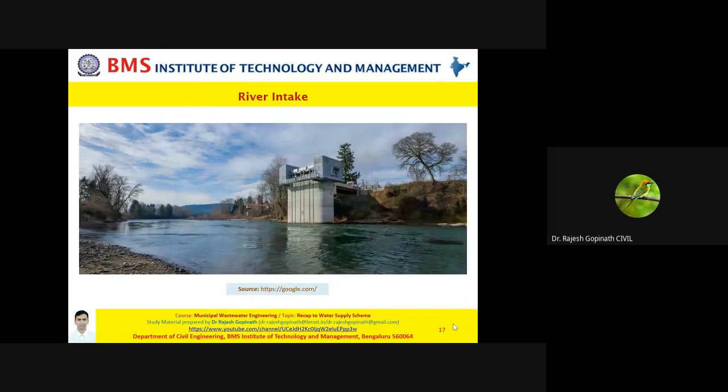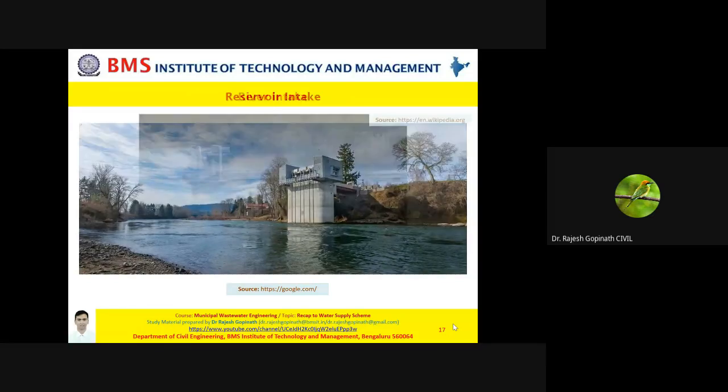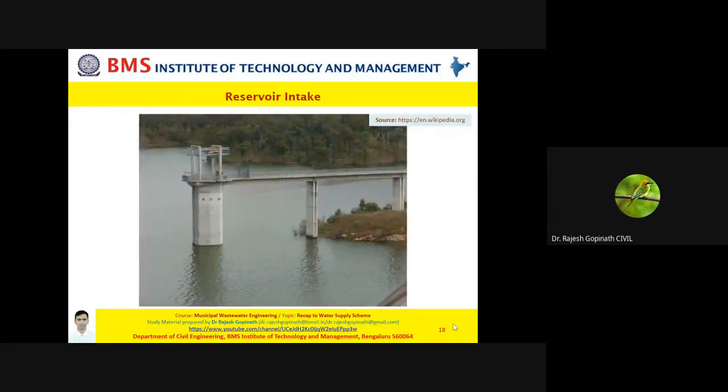River intake, because you are removing the water from a flowing or running ecosystem such as a river. Reservoir intake is when the source of water is with respect to a reservoir. As you know, a reservoir is an installation or a structure which holds water, and obviously you have a dam.